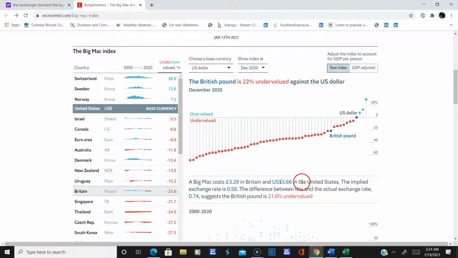And $5.66 in the United States. The implied exchange rate is 0.58 if you compare these, right? The difference between this and the actual exchange rate is 0.74.